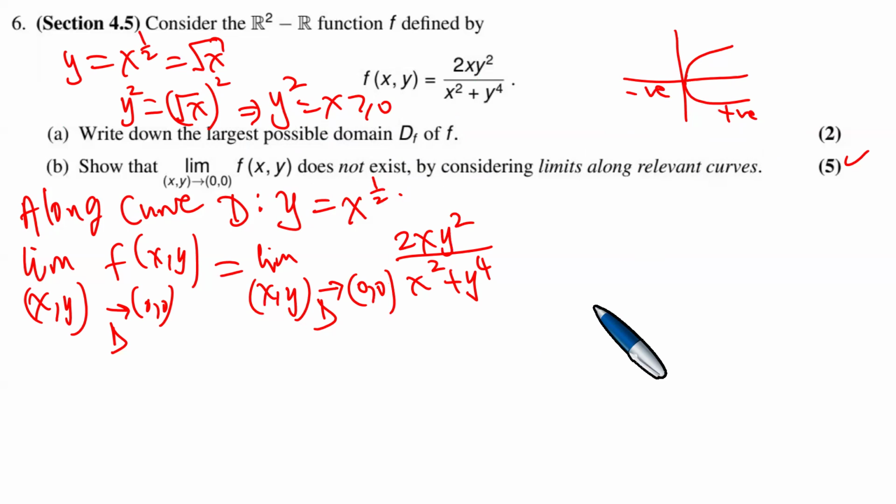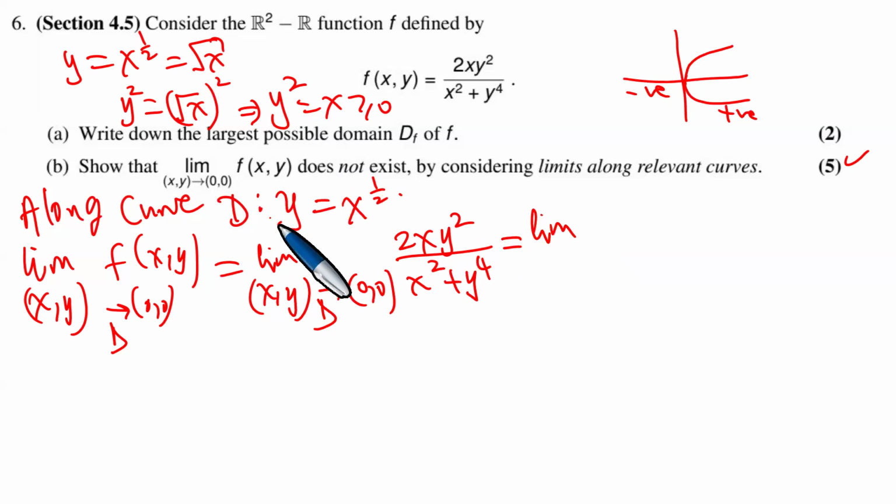At this point, I was trying to say that you can make x the subject or y the subject, it doesn't matter, but you need to be systematic in the way you substitute. Let's continue. This is the limit.